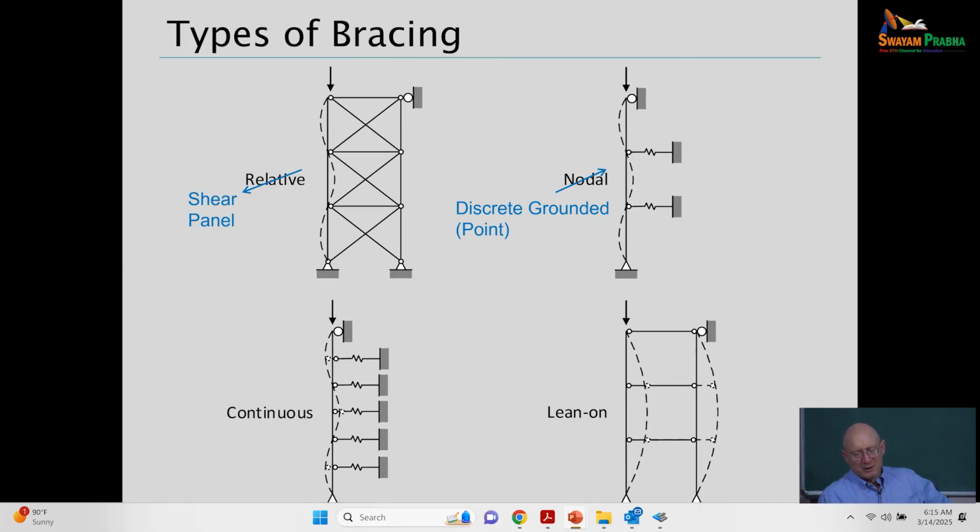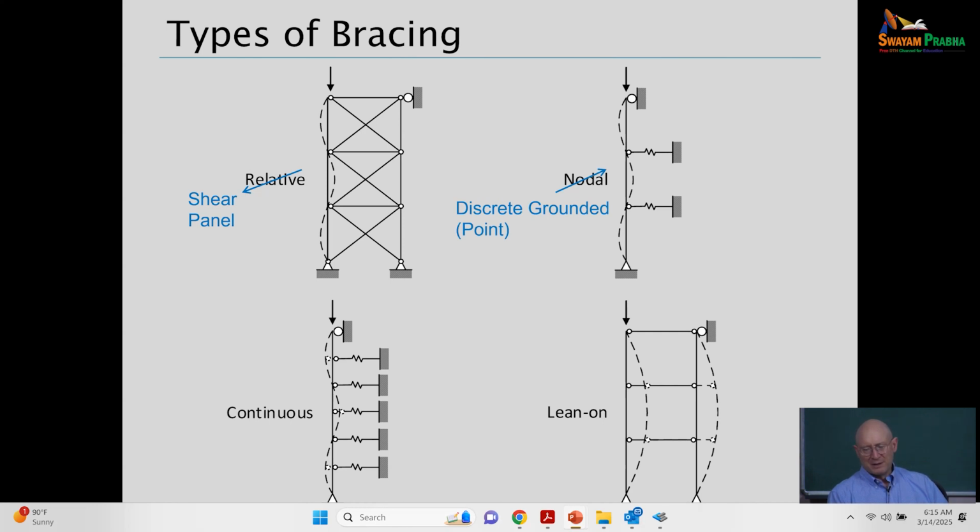But in this case, let's suppose that maybe that's some element in the air horizontally, and we're going to put some cables up to a point on that member and basically restrain movement at that point by attaching cables from both sides down to dead men on the ground. And so that would give us a brace there, but each of those braces is essentially independent from the other brace. So we have then what we call a point brace or a nodal brace or a discrete grounded brace situation.